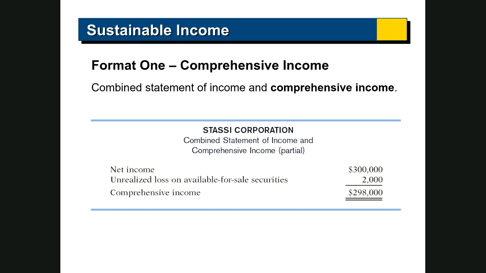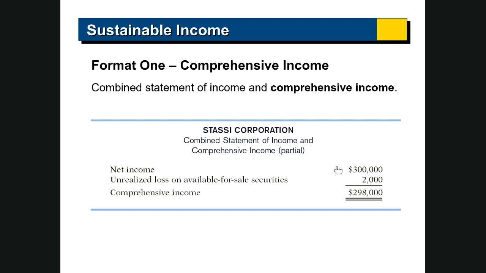The first way is this. You have the net income. You remember the net income number, after discontinued operations and extraordinary items. You have the net income coming to the combined statement of income and comprehensive income. So after the income statement, there is another statement called the combined statement of income and comprehensive income.